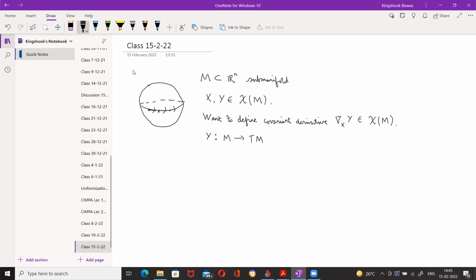And TM you can think of as a subset of the tangent space to Rn, because M is a submanifold of Rn. And this tangent space to Rn we know is a product, just Rn cross Rn.